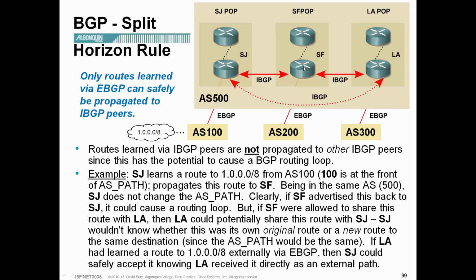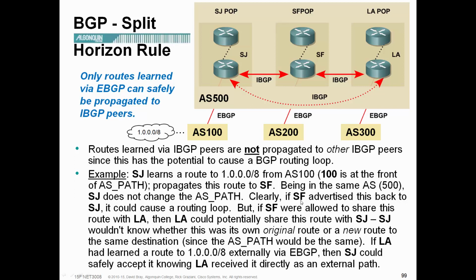There's no change in AS. Now, clearly, if SF were allowed to advertise this back to SJ, that would be a routing loop. Let's say that doesn't happen, but even so, SF, according to the split horizon rule, is not allowed to advertise this forward to LA, because as far as SF is concerned, that route is an internally learned route, so it cannot re-advertise that to another internal peer.